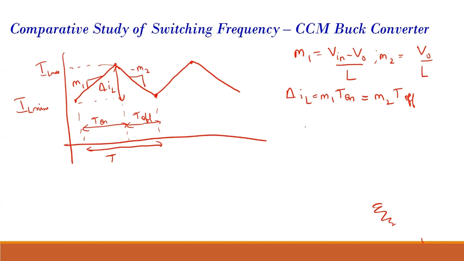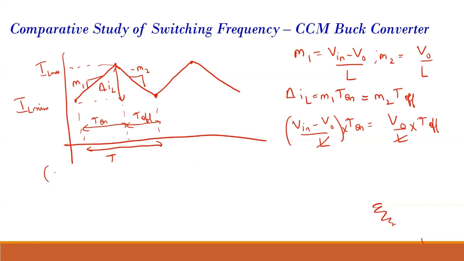Let me substitute. So we have (Vin minus Vout) upon L into T on is equal to Vout upon L into T off. So this L and L will get cancelled.